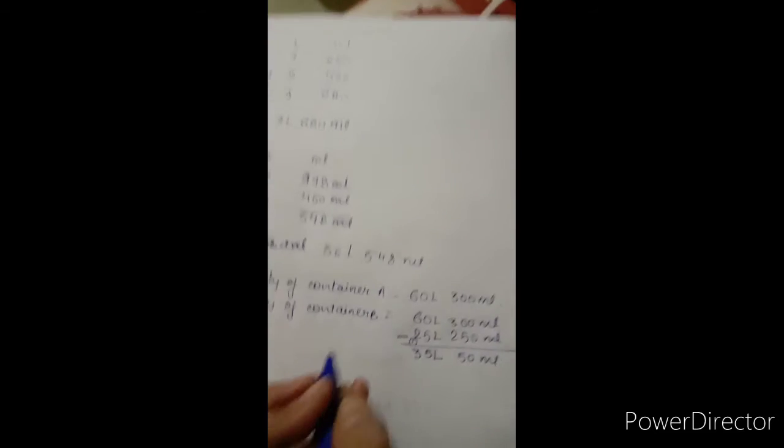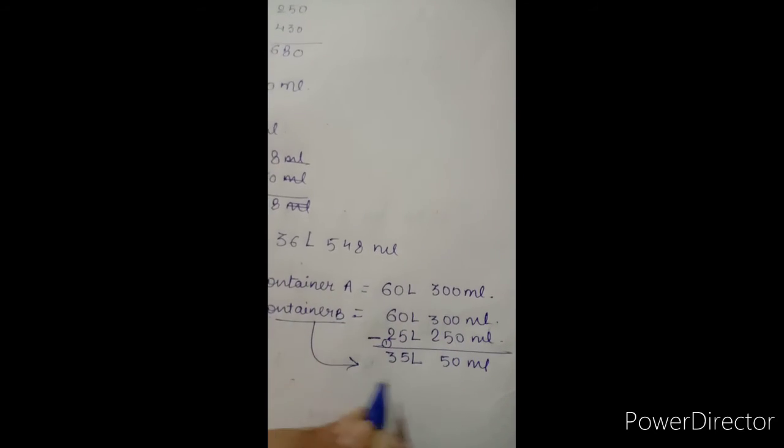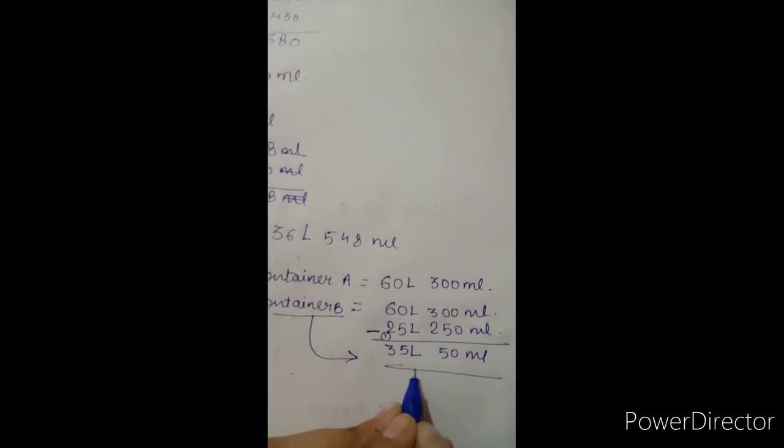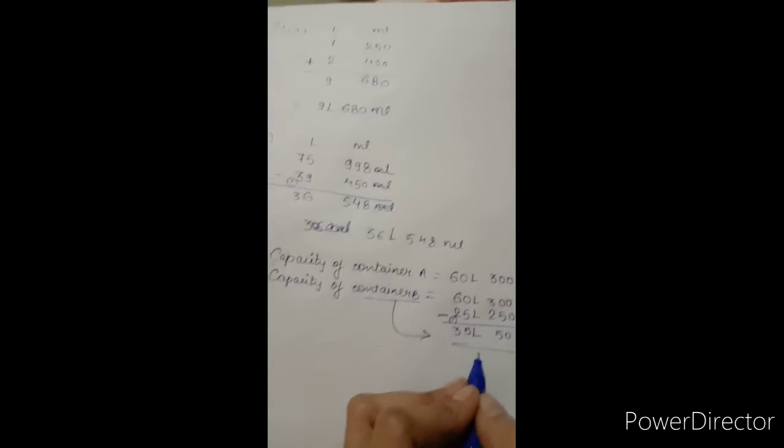Means the capacity of container B is 35 liter and 50 milliliters.